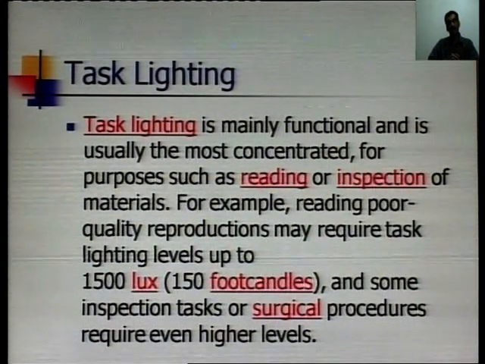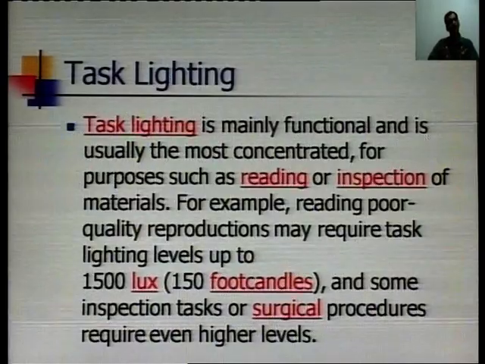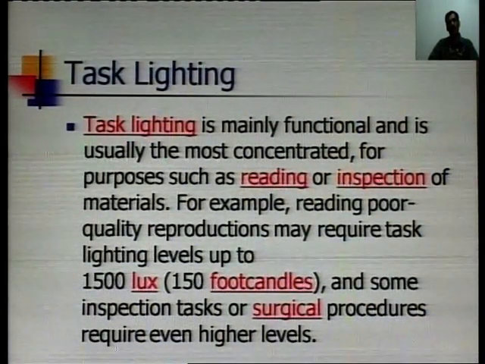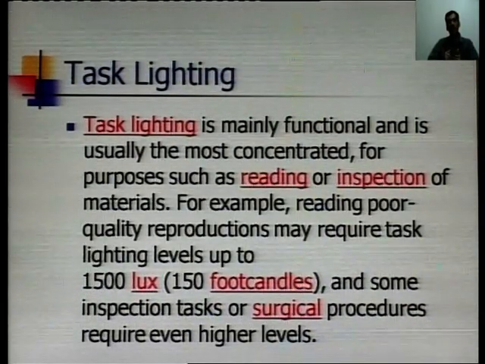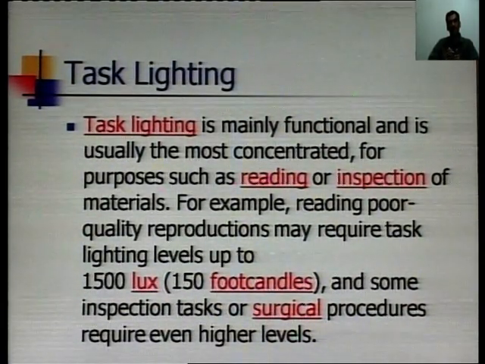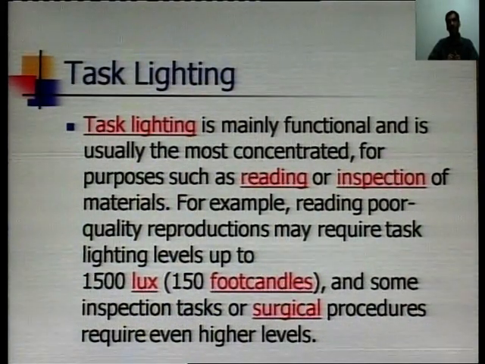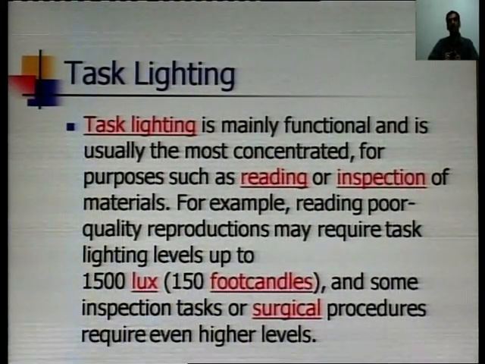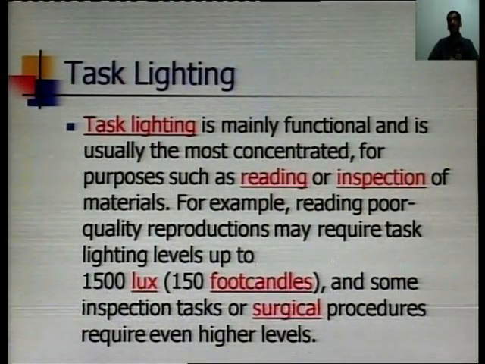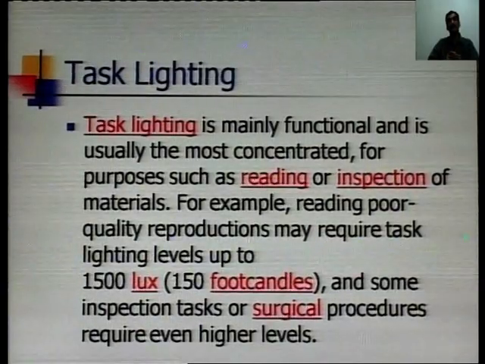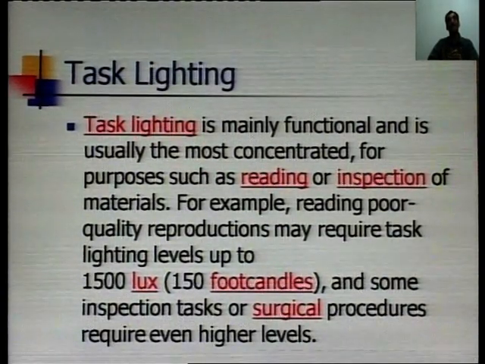If you are sitting in a library and you have a very old book which has very small fonts, you need some extra light. So we need more light and more focus at a particular place just to highlight it. That kind of lighting is called task lighting. In task lighting, our lighting levels can go up to 1200 to 1500 lux.